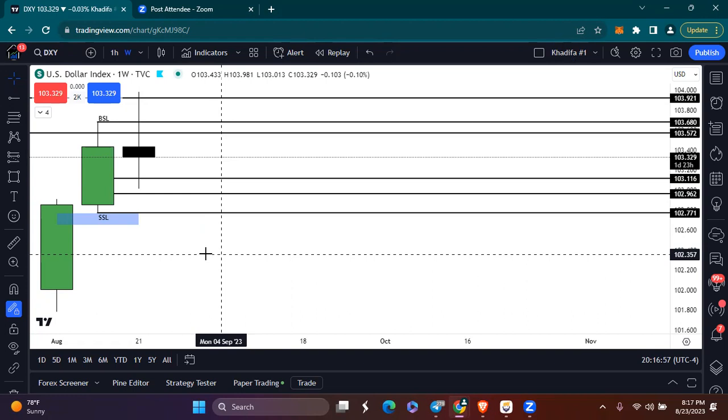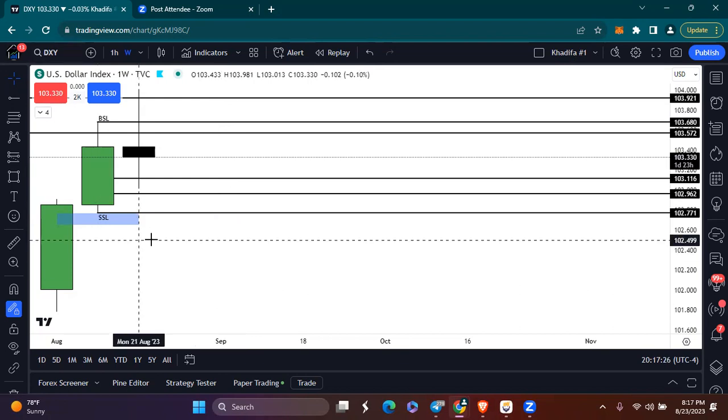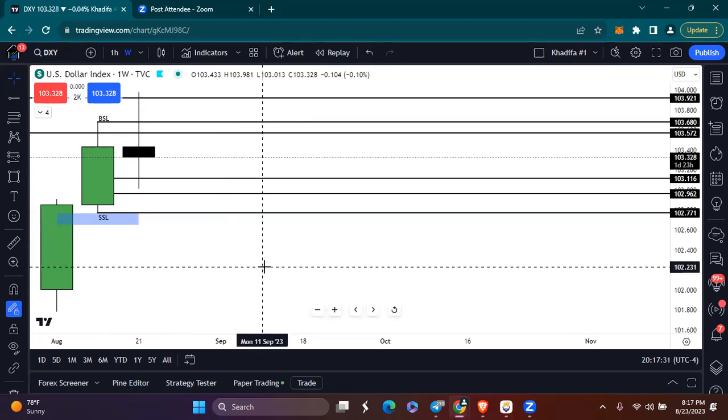I approach the market looking at it from a weekly point of view, or a weekly bias, and I try to gauge which direction the weekly candle is going to expand in. And from there, I break it down to the daily, and I mark the daily range the same exact way I mark the weekly range.